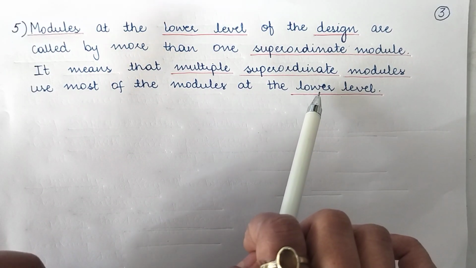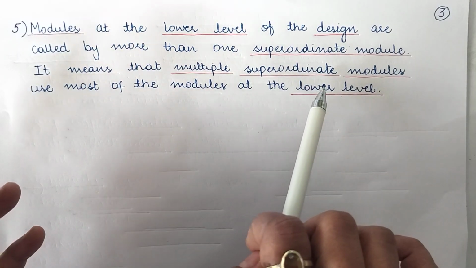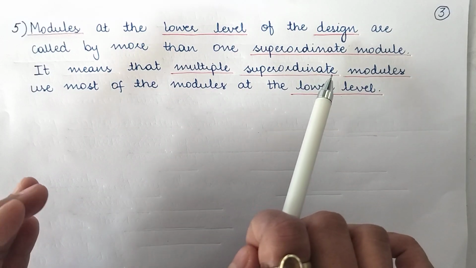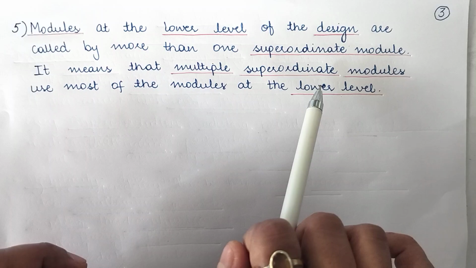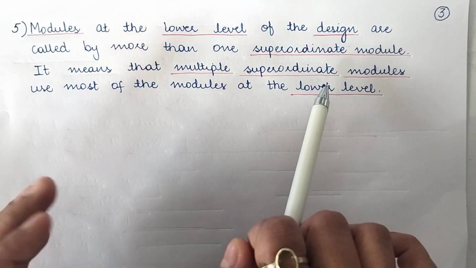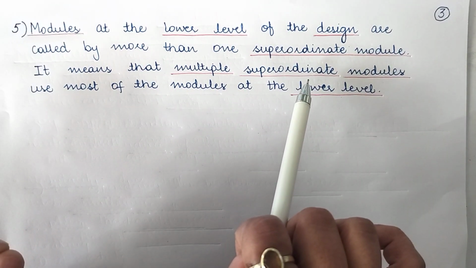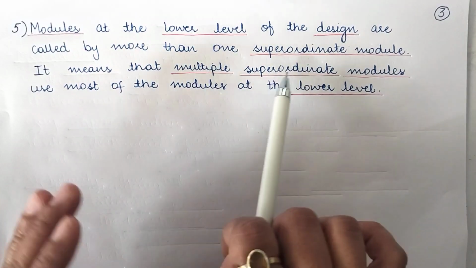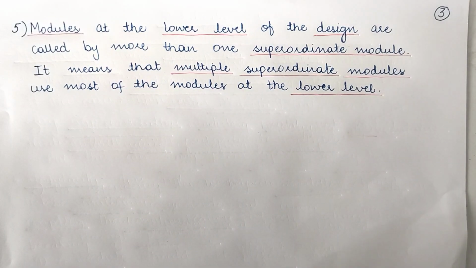One module performs one type of function, and different modules at the top may require the same module for that particular function. That means there cannot be a strict rule that only one module can call a module at the lower level. Several modules at the superordinate level which require that task to be performed can call the module at the lower level.